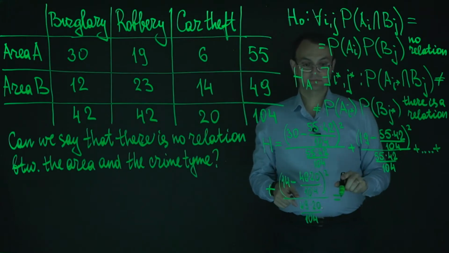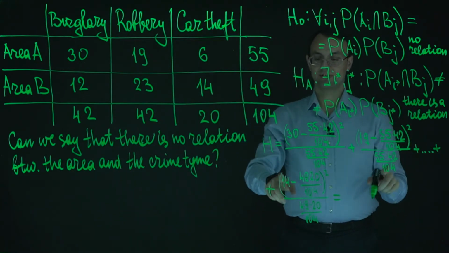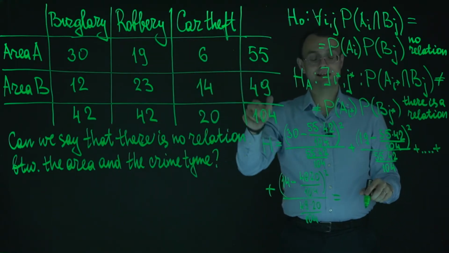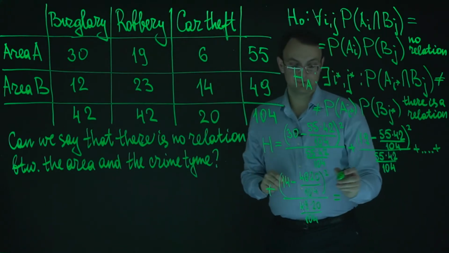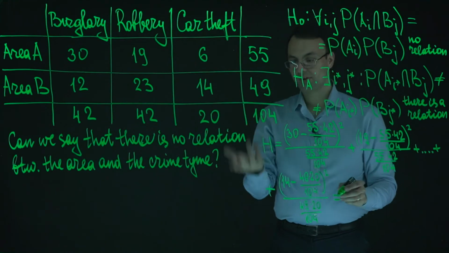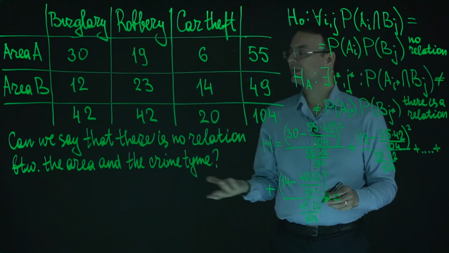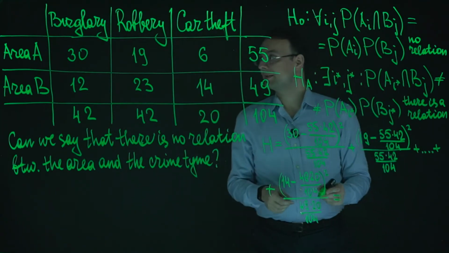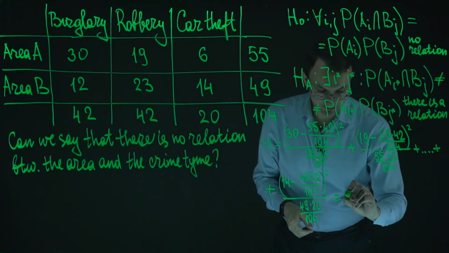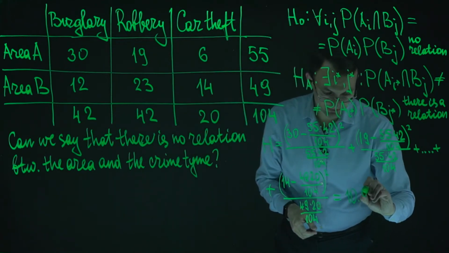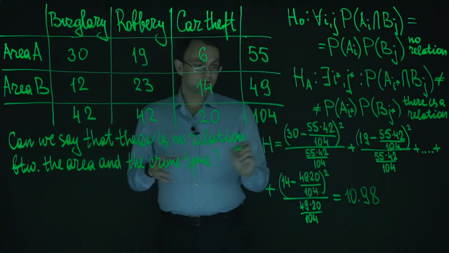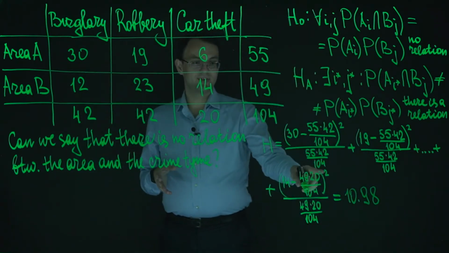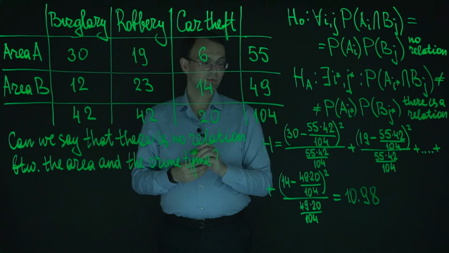If we calculate all these for all 6 cells of the table and add them, the value of this statistic, the value of H, is approximately 10.98. So if we do all necessary calculations, we'll get that H is 10.98.